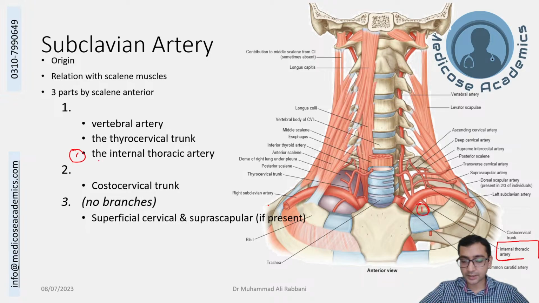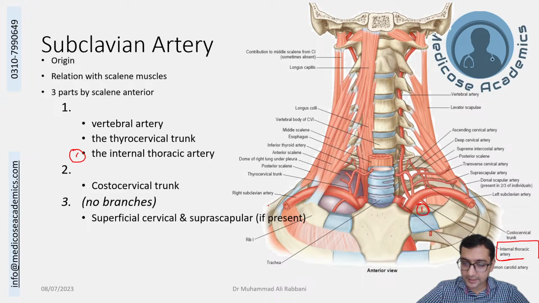It will go down just behind the costal cartilages, just lateral to the sternum, up to the diaphragm, and at that level it will break into musculophrenic and superior epigastric, and that's a whole discussion there, but let's keep it here that the internal thoracic artery comes from here.